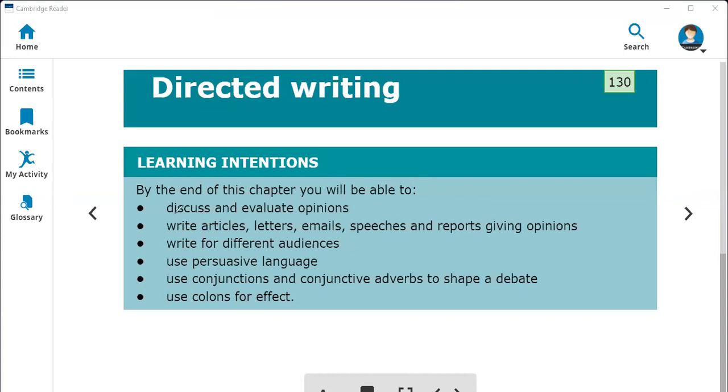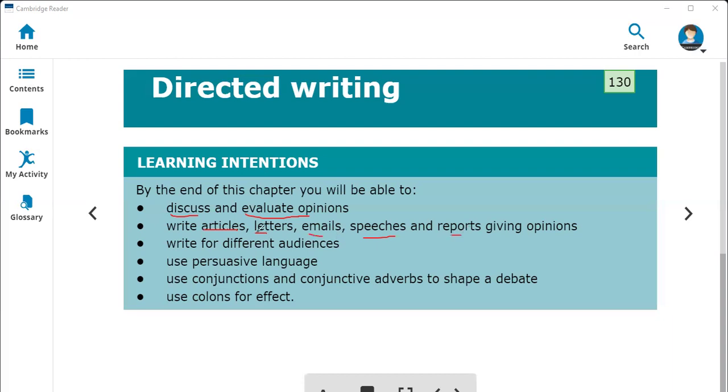So actually we have to discuss the ideas given in the text, we have to evaluate them, and we have to give our opinion. Now, after reading the text, we may be asked to write an article, a letter, an email, speeches, and report writing.